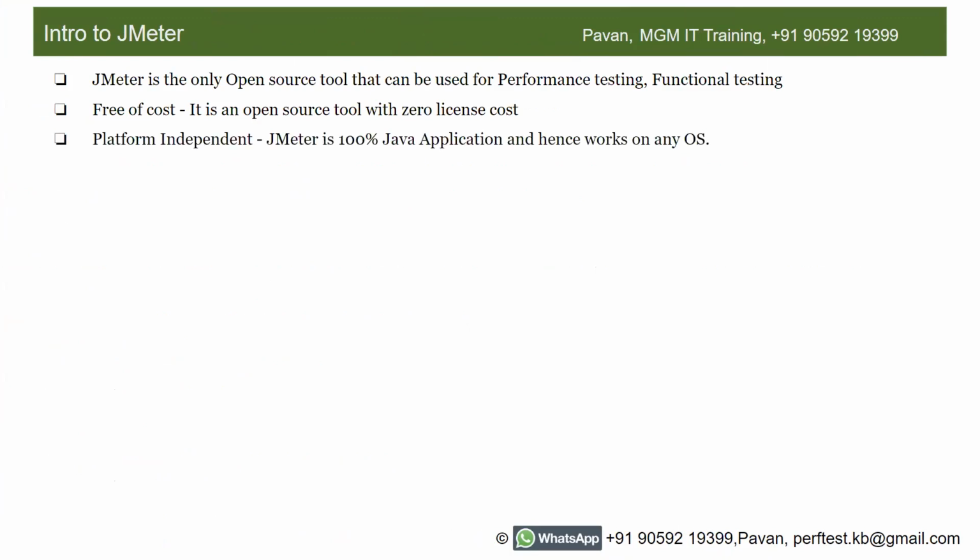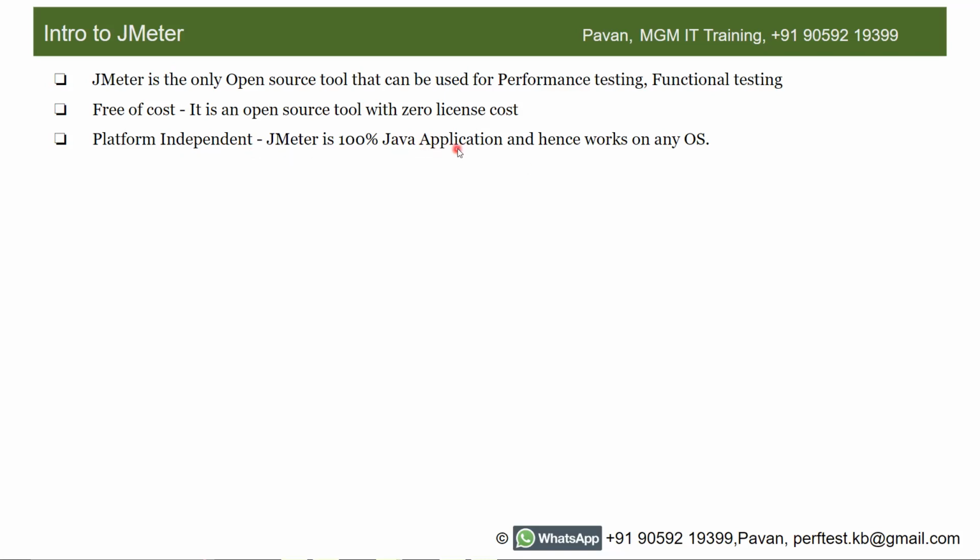And it's platform independent. What is meant by platform independent? You might have heard this term when you learned Java in your academics, or in any Java training videos or demos. What is meant by platform independence?